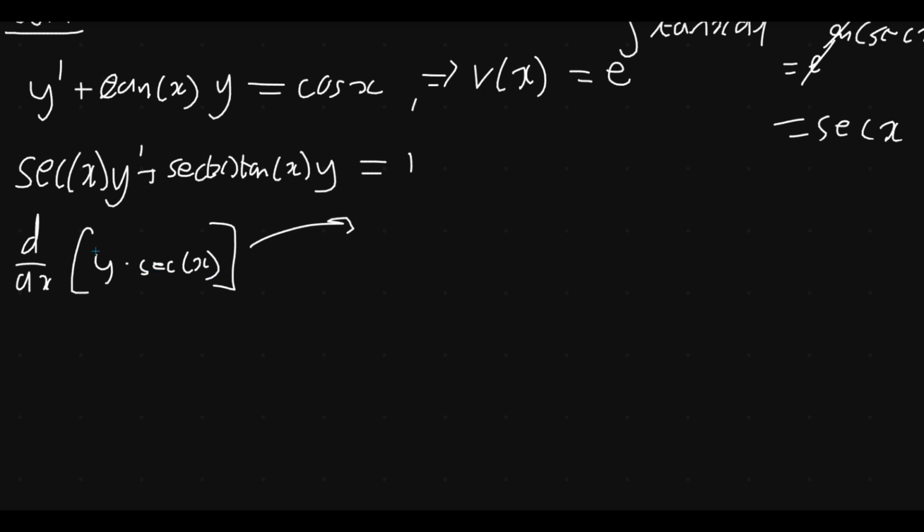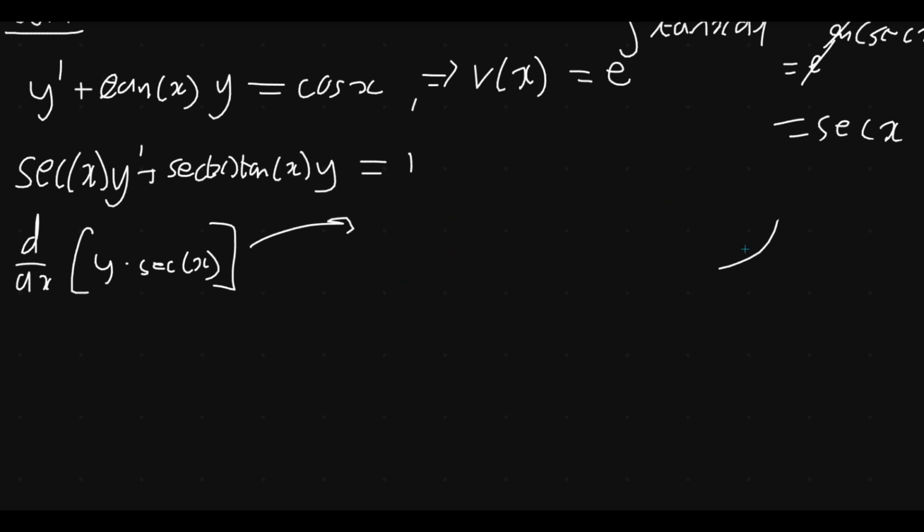So we take the derivative of y, which is y prime, times the secant of x, leaving that function, plus the derivative of secant x, tangent x, leaving the second function, which gives us y prime secant x plus secant x tangent x y. So yep, that is what we've got up here.